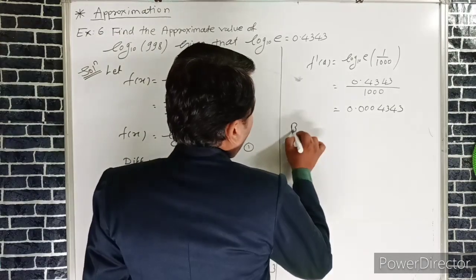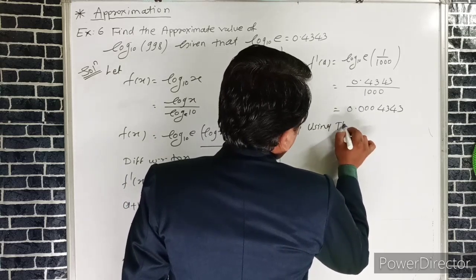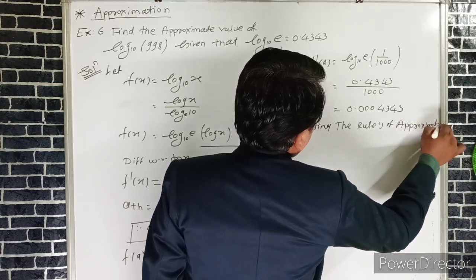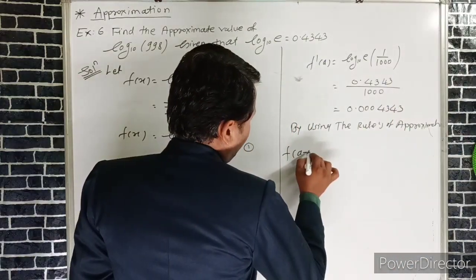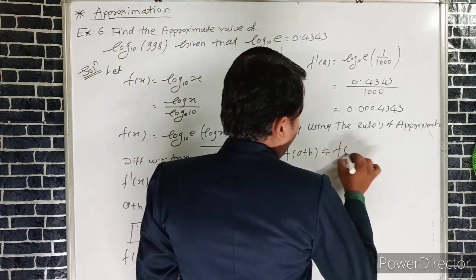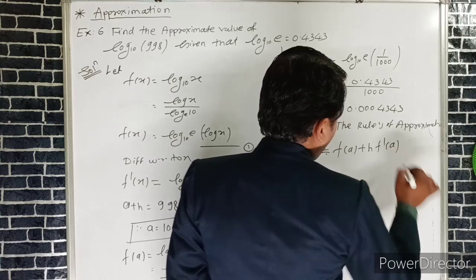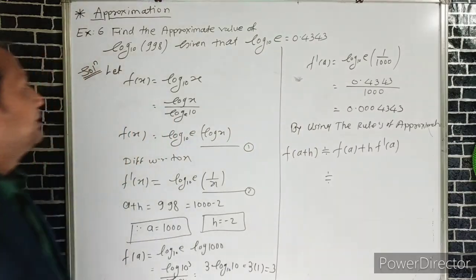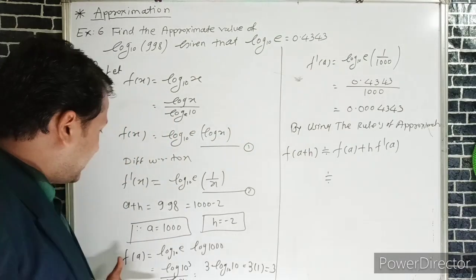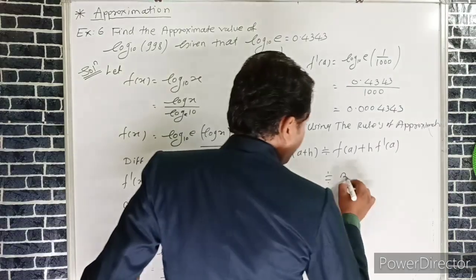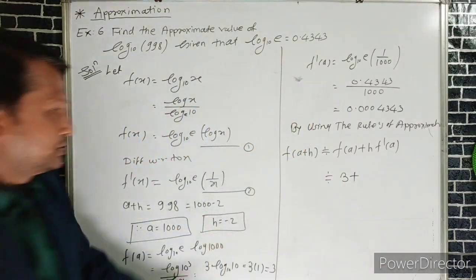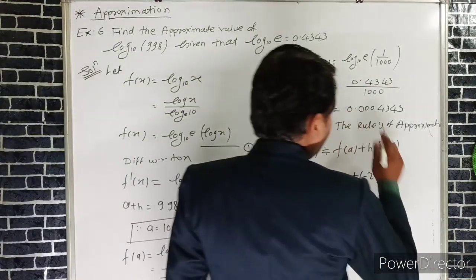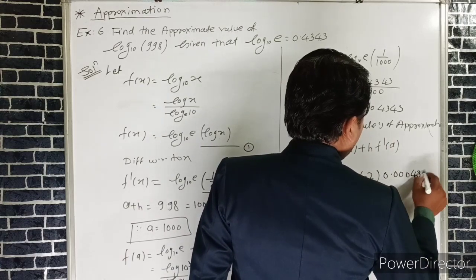So here, by using the rules of approximation, we can find f of a plus h is approximately f of a plus h into f dash of a. It means that log base 10 of 998 is the value of f of a, which is 3, plus the value of h, which is minus 2, into the value of f dash of a, 0.0004343.